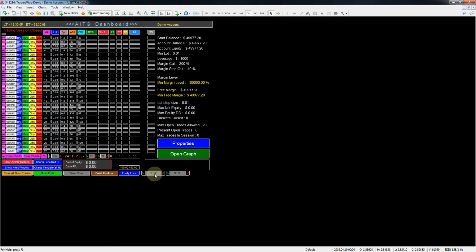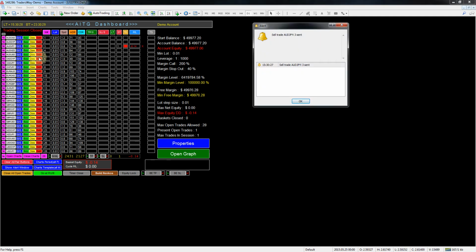Same way with over here, basket equity take profit, basket equity stop loss. And if you don't want to, you can turn this off during the trade. Just click it off. Now, the idea behind the basket equity is we can just take a bunch of manual trades here, just to show you what it does.